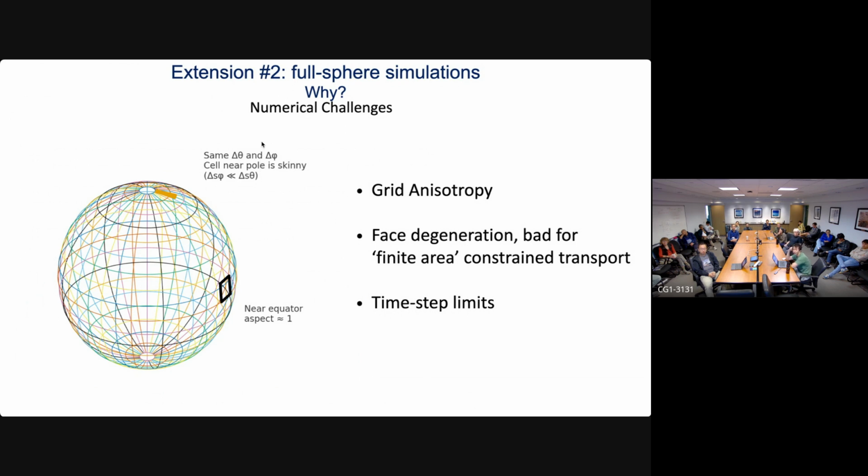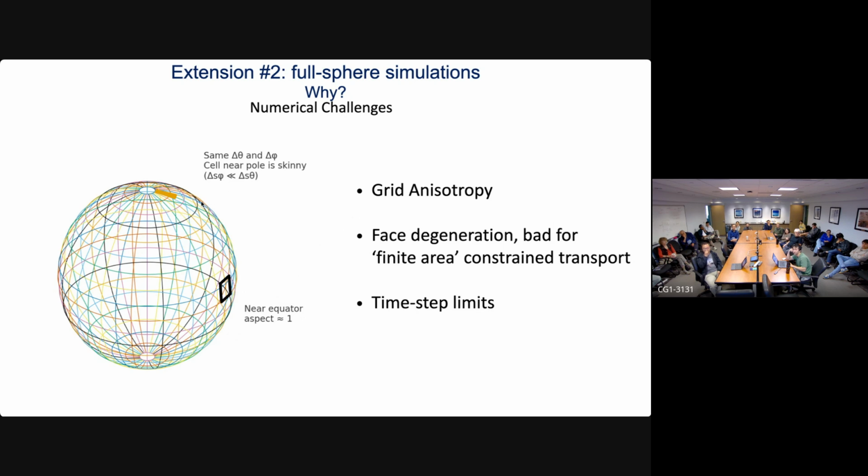And there are several numerical challenges in extending the code to full sphere simulations. The first one is the so-called grid anisotropy. Near the equator, the cell length in the theta and phi directions is nearly 1. When we extend the domain to the full sphere, the grid cells near the pole are skinny: the arc length in the theta direction is far larger than in the phi direction.